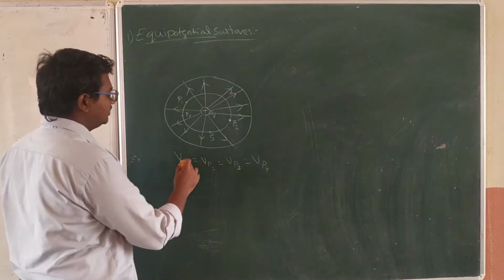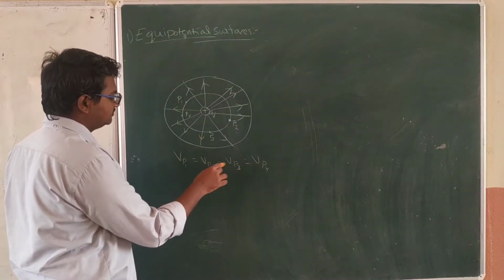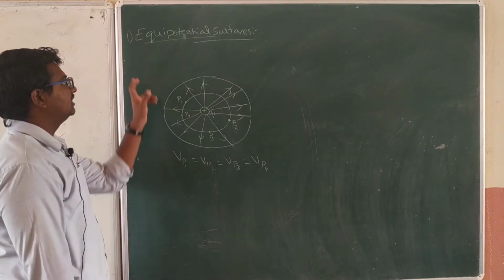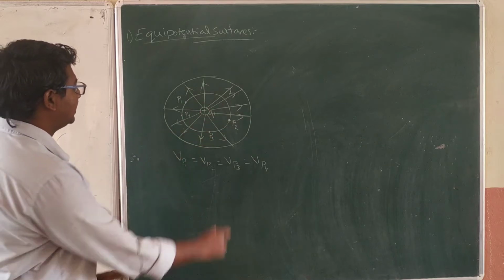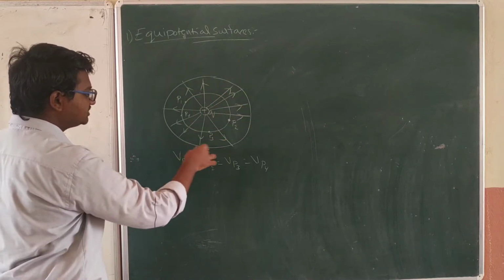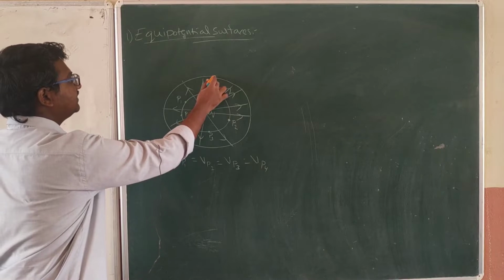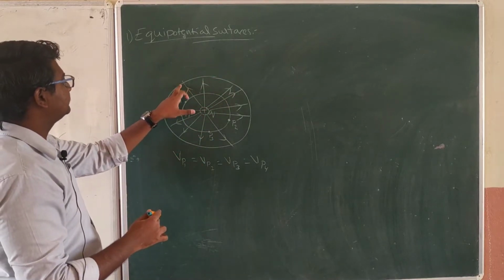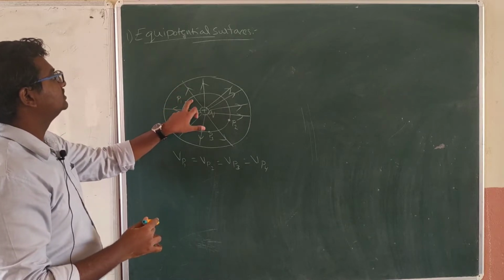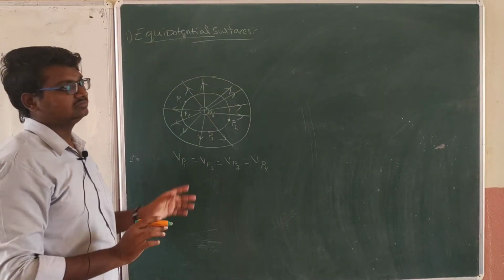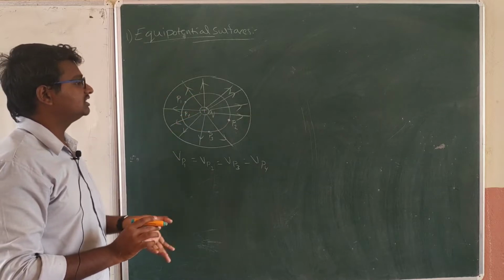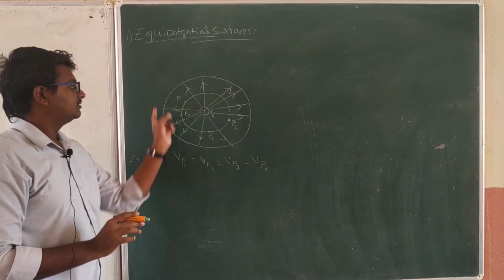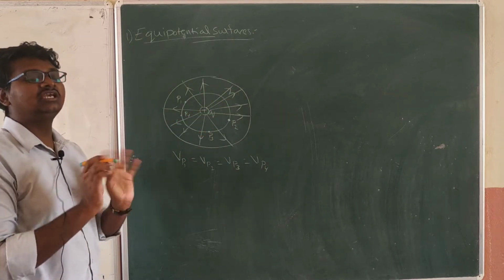That's why the points lying on a particular surface having the same potential form an equipotential surface. And this is also an equipotential surface, but with another radius. This is another concentric sphere. Don't think this one and this one have the same potential. No, these two have different potentials, but the points lying on the same surface will have equal potential.